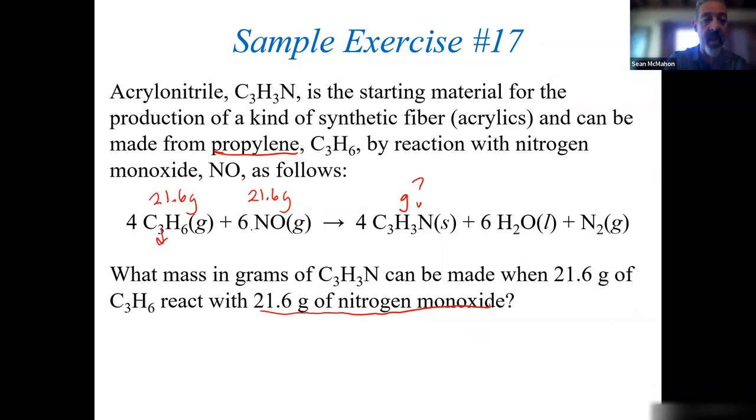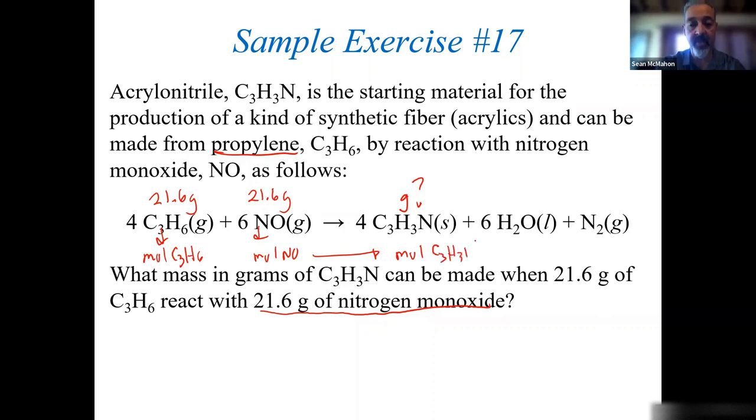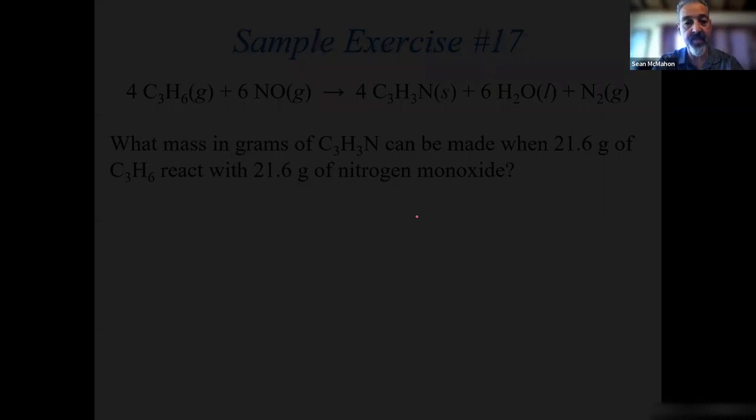I'm going to convert grams of the given to moles. So I can convert grams of this to moles and to moles of this. And once I have moles of each reactant, I can then convert using mole ratios to moles of the product. Once I have moles of the product, I can use molar mass and get to grams.